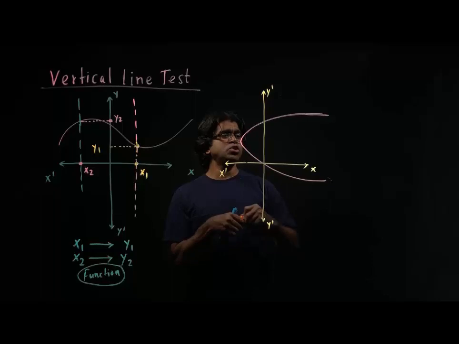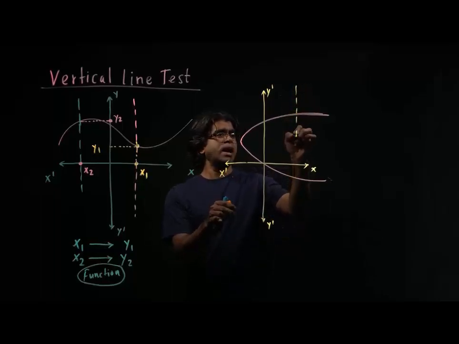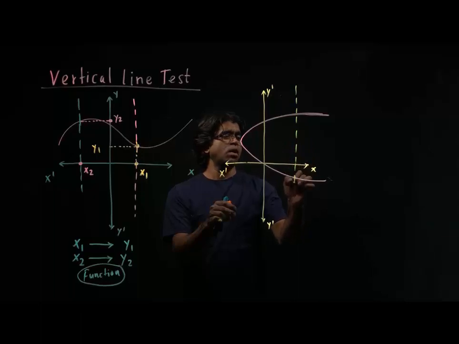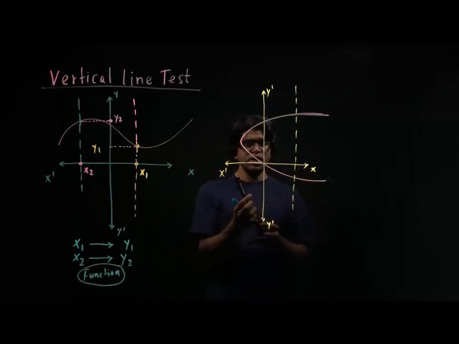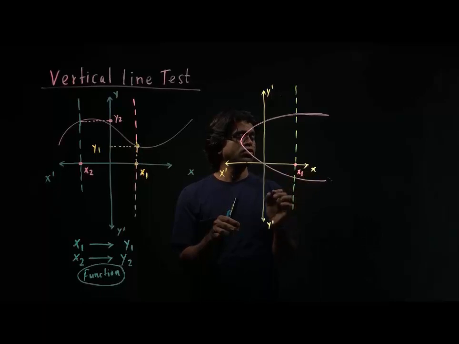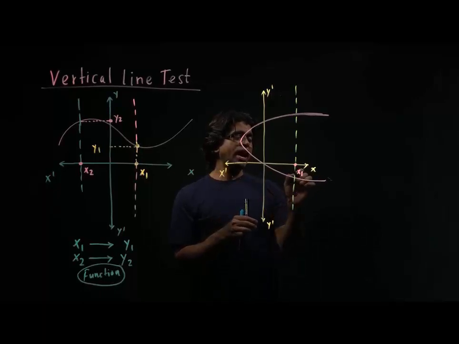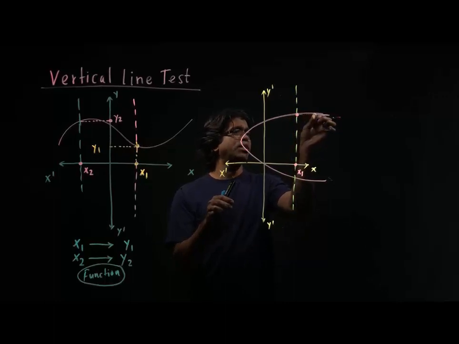So I'm going to draw a vertical line that passes through any given point. As you can see, this is my point. I'm going to consider this point as my x1. So for the value of x as x1, I have one value of y right here.